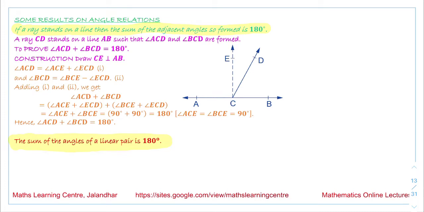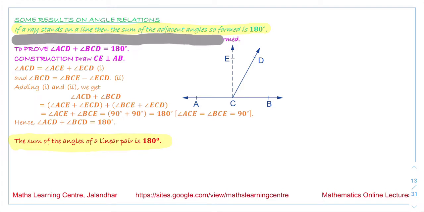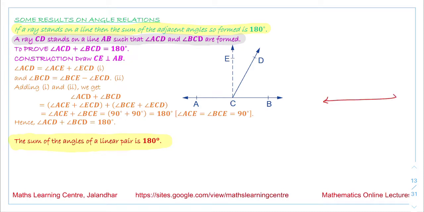What is given to us is a ray CD stands on a line AB such that angle ACD and angle BCD are formed. So what we mean to say is that a line AB is given to us, and a ray CD stands on the line AB.